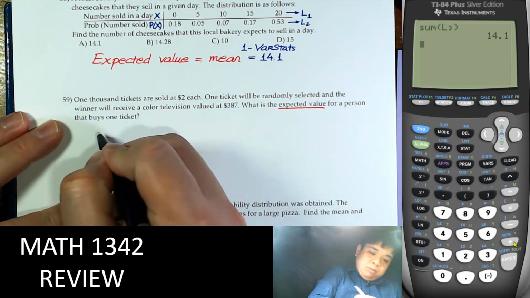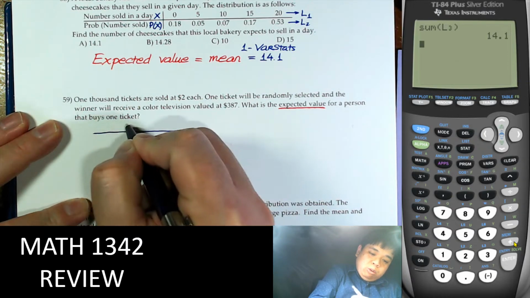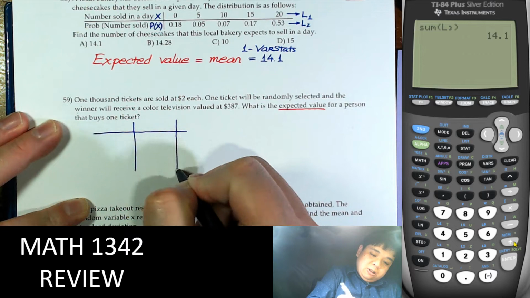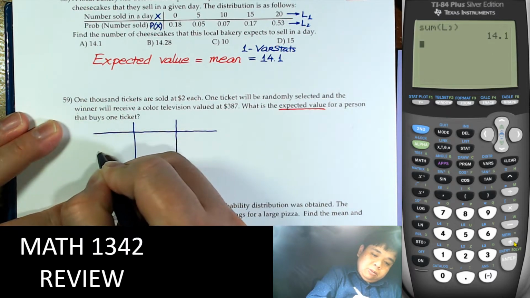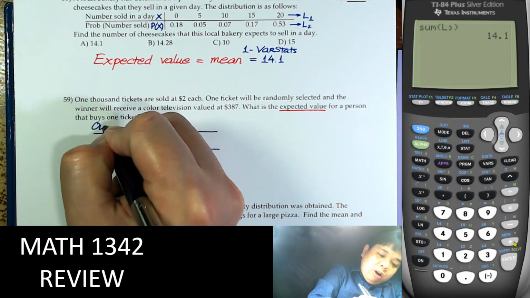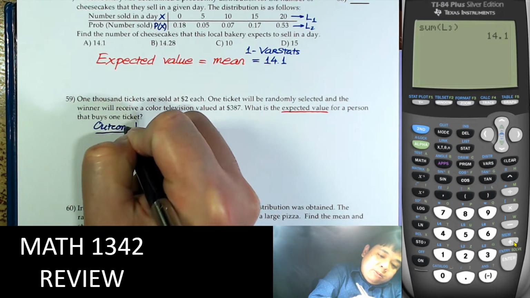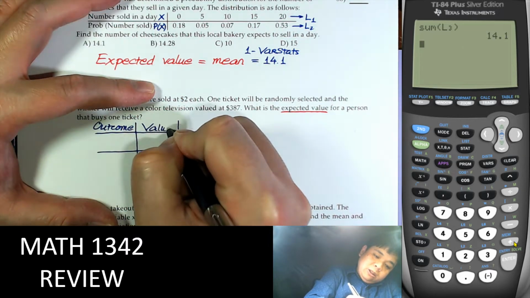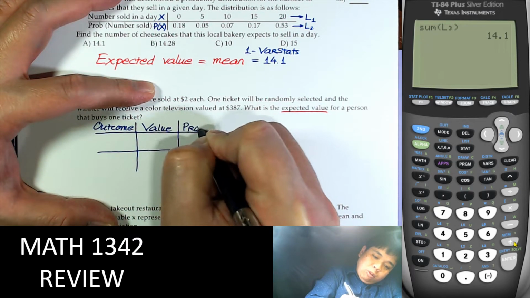So in this case, I will construct a table like this. First there's outcome, and then the value and probability.